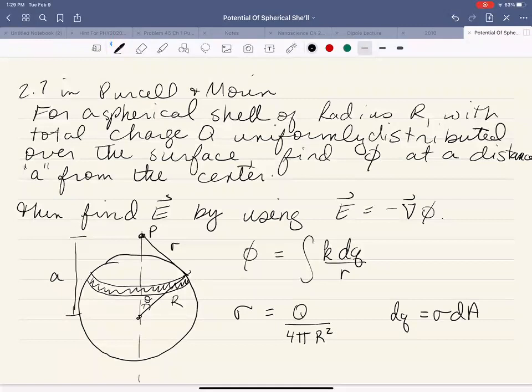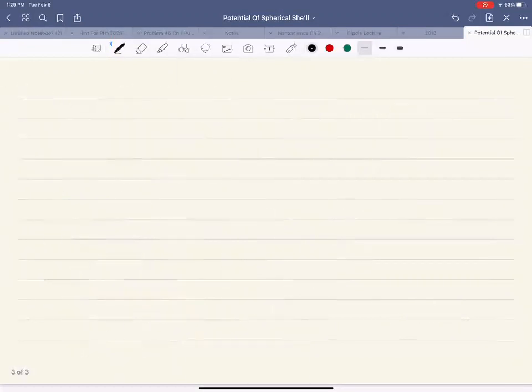Okay, well, the way that they suggested that we do it is we have these rings and we integrate over the rings. So that would mean that our little differential area unit would be the area of one of these little rings, okay? All right, so let's go to the next page here and visualize this.